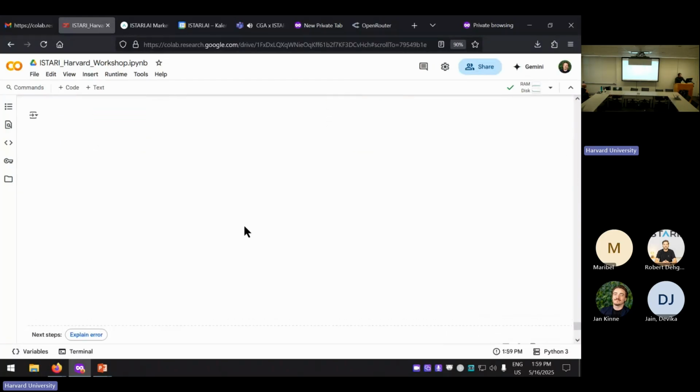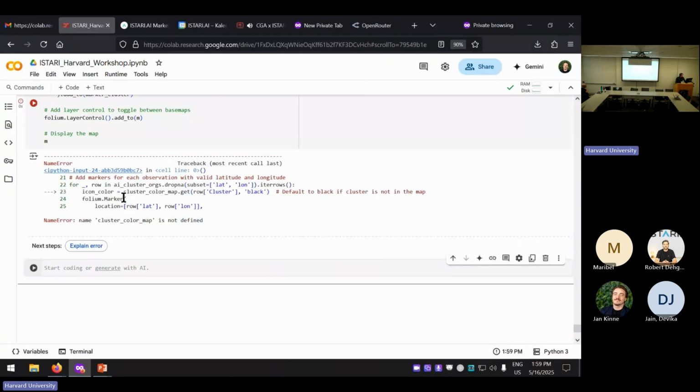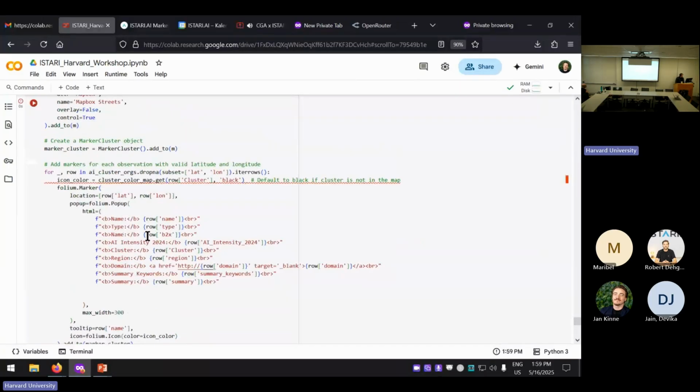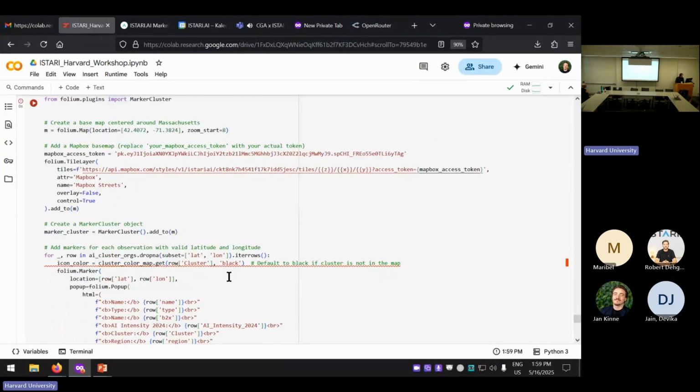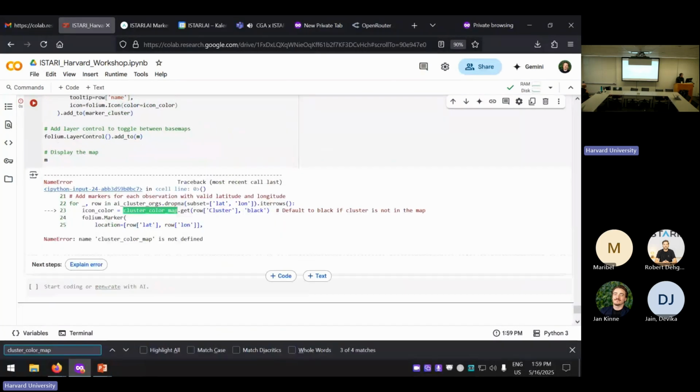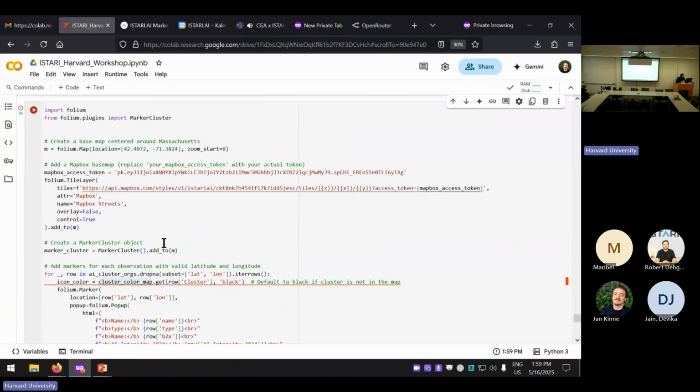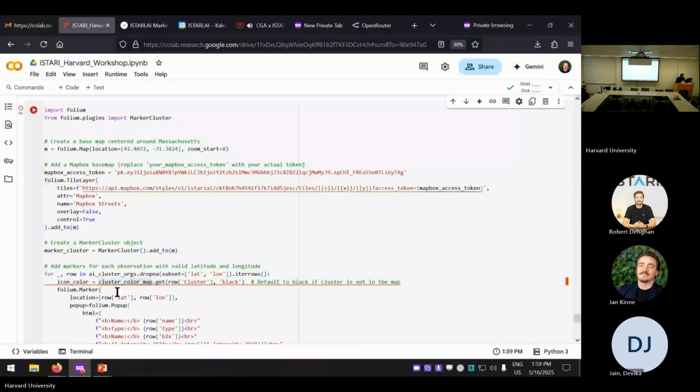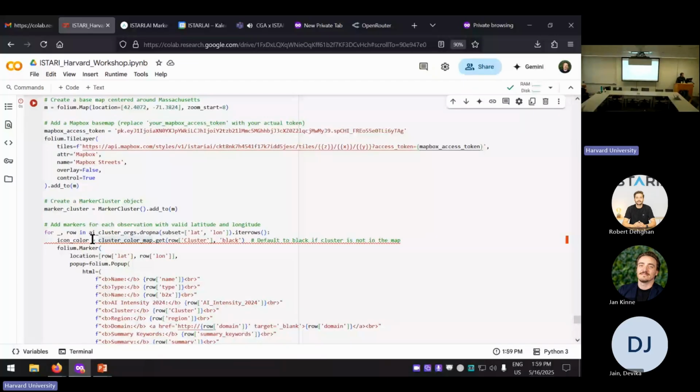And what we can do next is, because we have the cluster color map, it's not defined. Let me just briefly check that. Color. Okay, so defined. Let me just briefly debug that one. Should be from the first block, right?